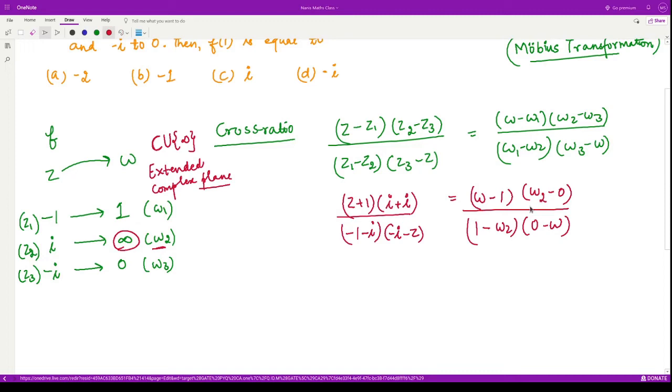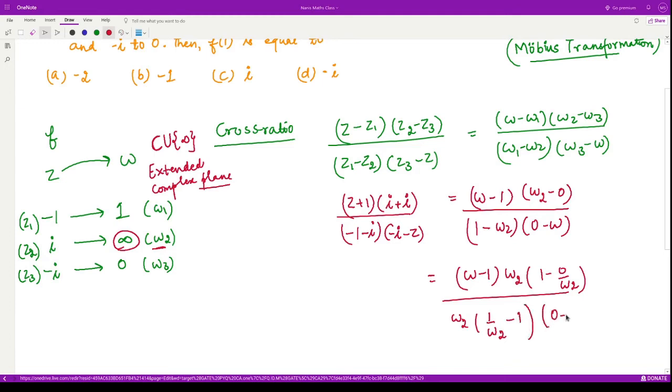Now we can take w2 common from this right hand side. We will be left with w minus 1. From here you can take w2 outside, so it would be 1 minus 0 by w2. And then here you can take w2 outside, so you will be left with 1 upon w2 minus 1 and then 0 minus w.